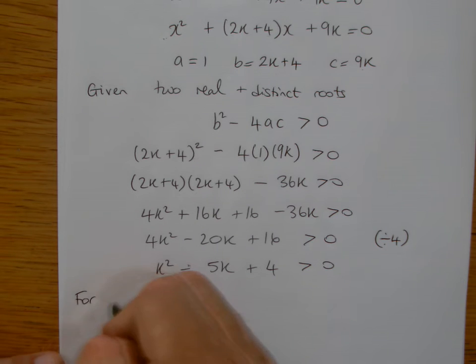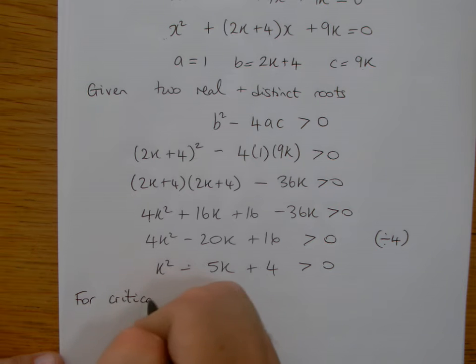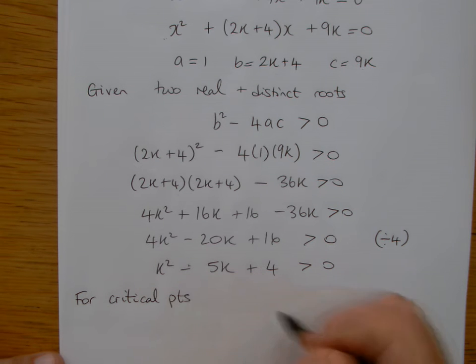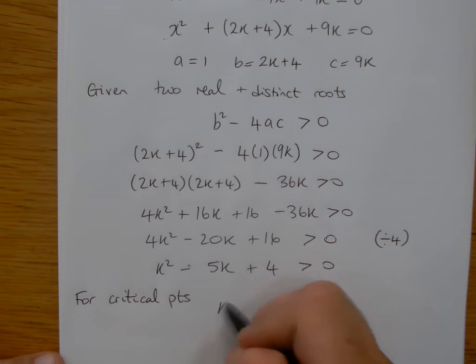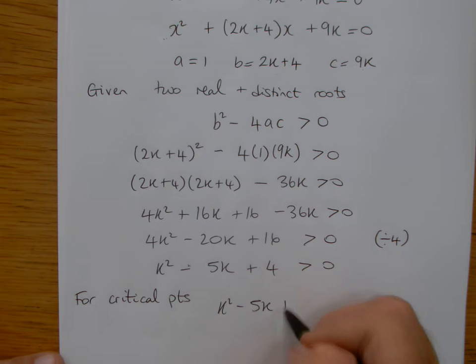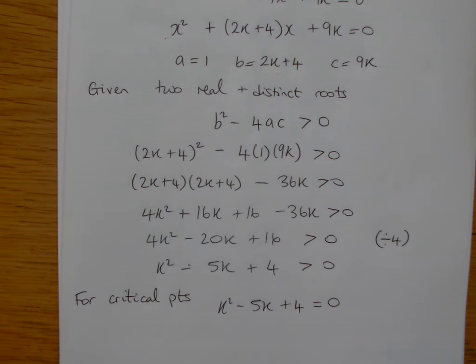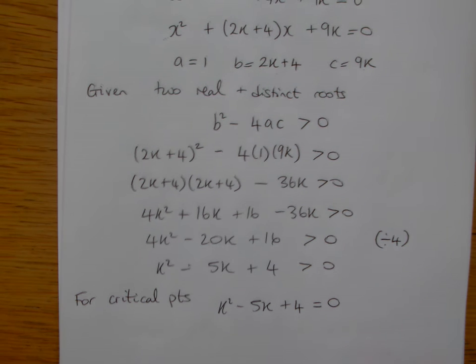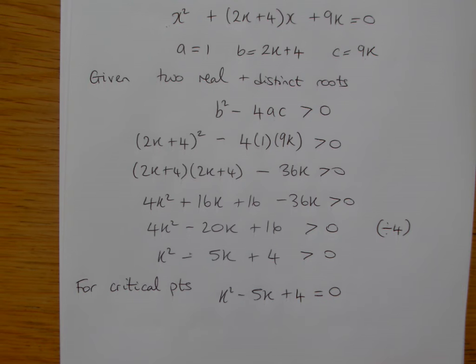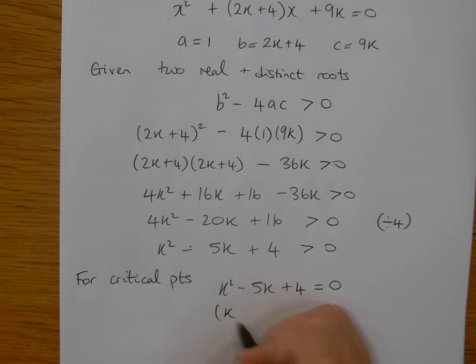To do that, we're going to focus on the critical points. For the critical points, I'm going to look at where that quadratic is equal to 0. So where is it equal to 0? Well, we can solve that quadratic, can't we?